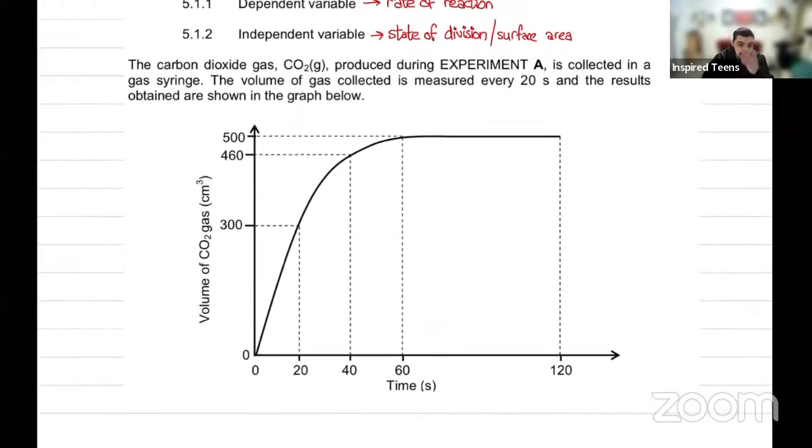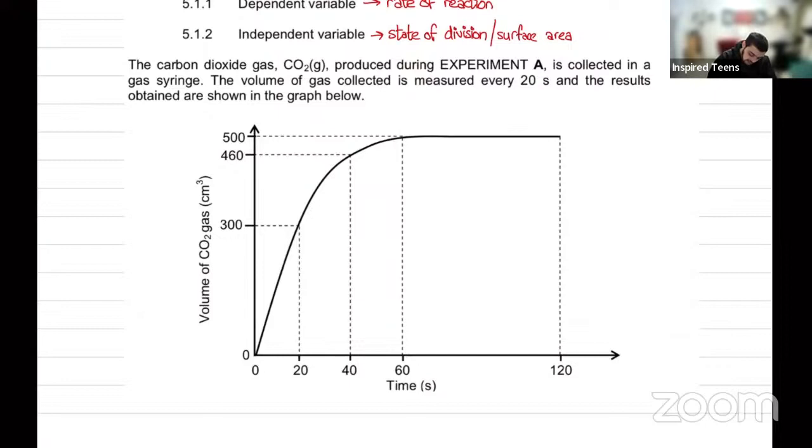We have carbon dioxide gas, CO2, produced during experiment A, collected in a gas syringe. The volume of gas collected is measured every 20 seconds and the results obtained are shown in the graph below. Just by looking at the graph, you should be able to tell that this is a product graph. Why?